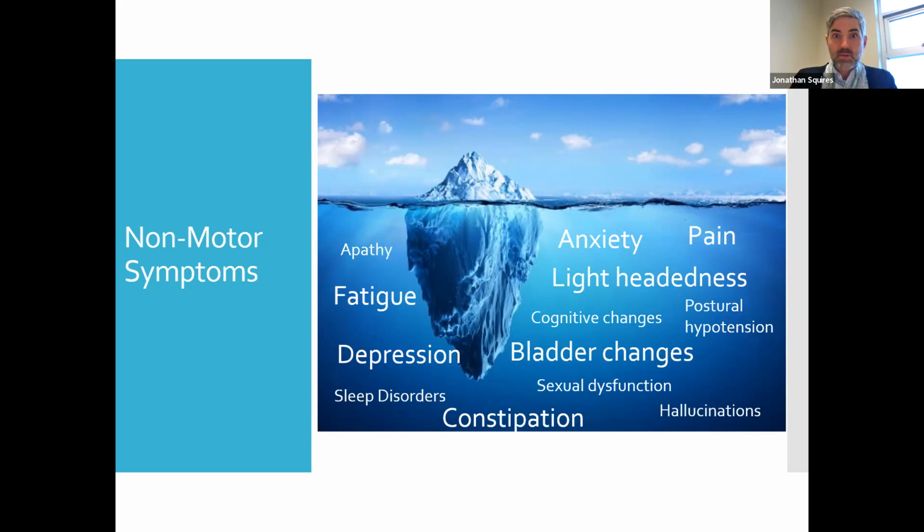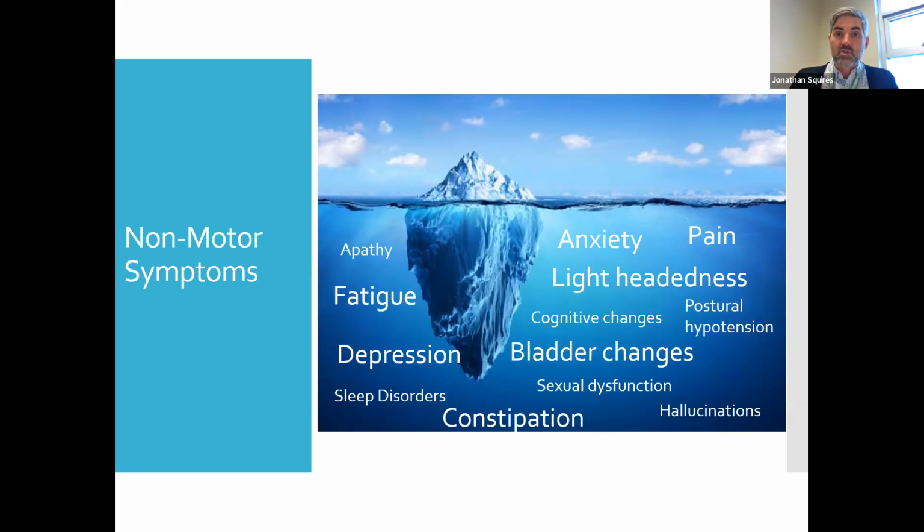But if you ask people with Parkinson's disease what really is impacting their quality of life as the disease progresses, it's really these non-motor symptoms that become more prominent and more bothersome. And as the disease progresses, people tend to develop more and more of them. Some of these things are dopamine related. Sometimes when people's dopamine levels are low, they can feel depressed or anxious, for example.